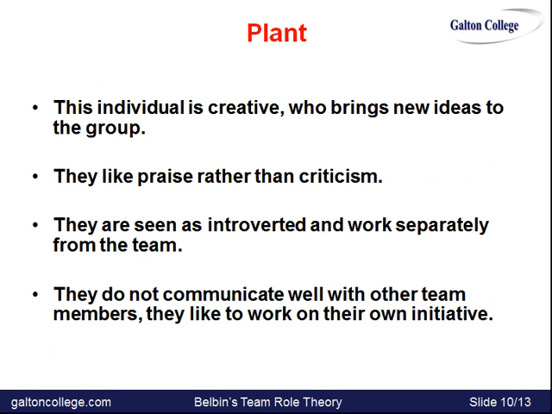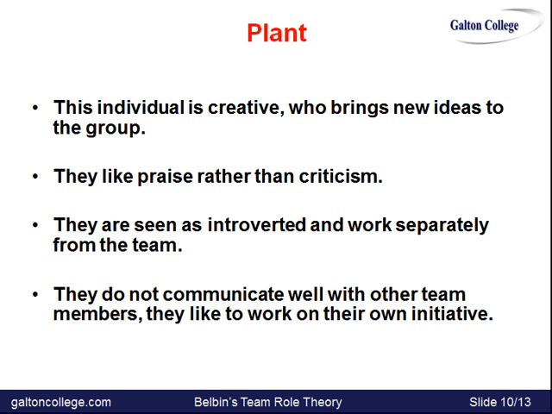The plant is an individual that's creative who brings in new ideas to the group. They like praise rather than criticism. That's what they're doing. They're looking for praise, not looking for criticism. So they're doing it for that purpose. They are introverted and work separately from the team.